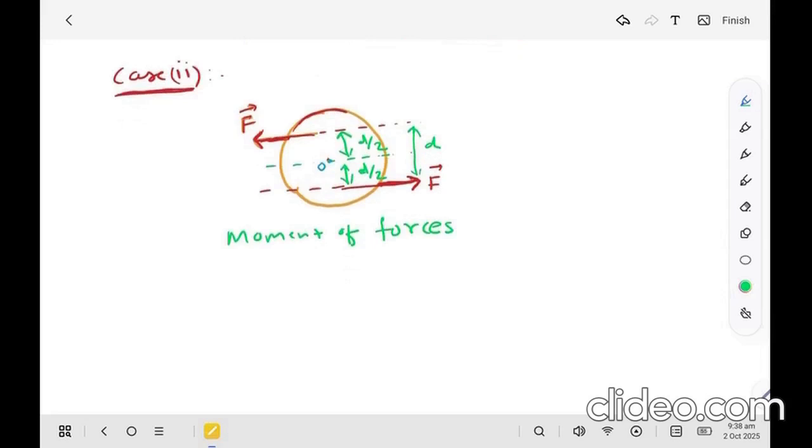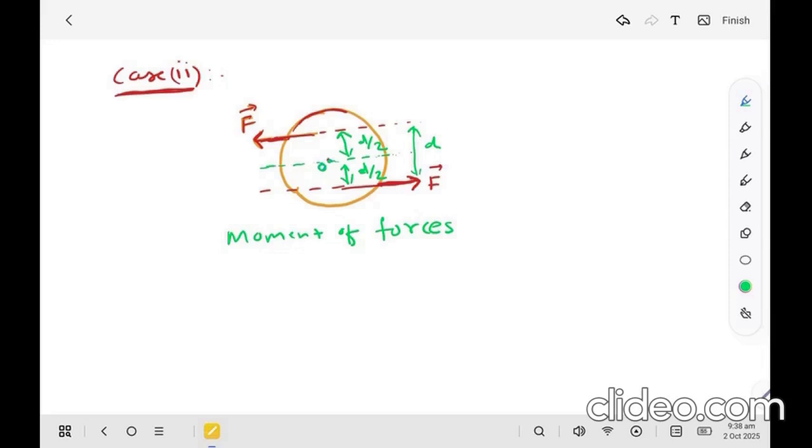Let's say this is the center point O, and the line passing through the center is this one. The distance between this force and the line passing through point O is d by 2, and similarly the distance between the other force and the line passing through point O is d by 2.